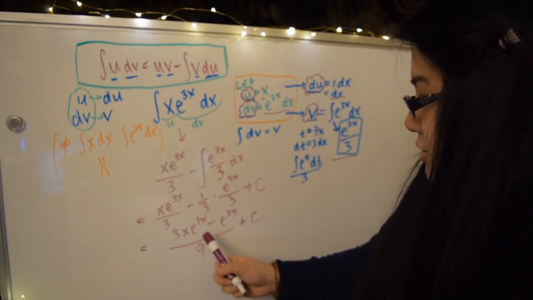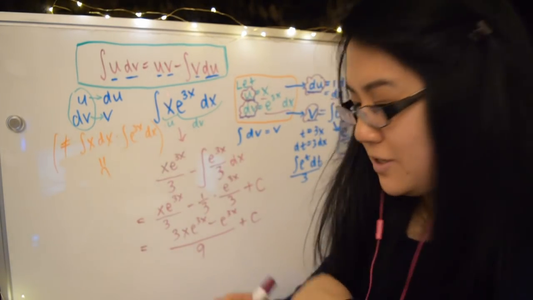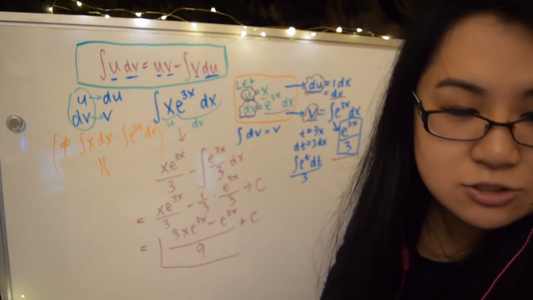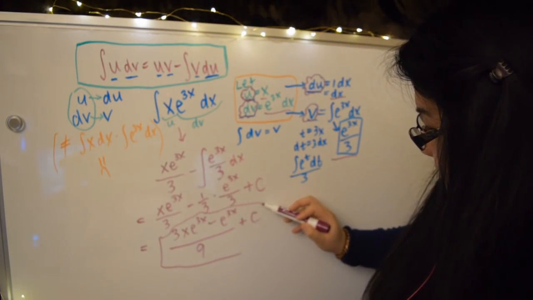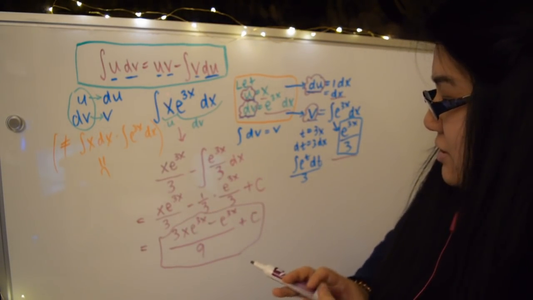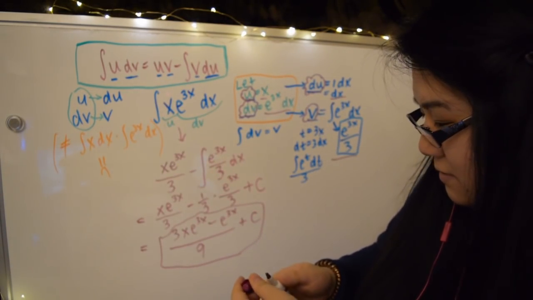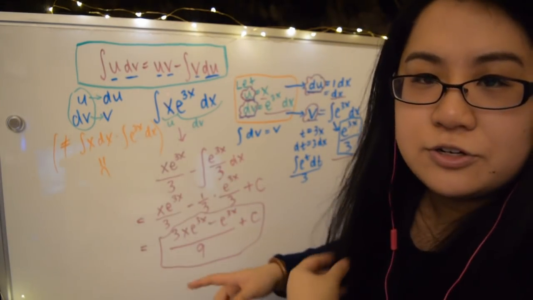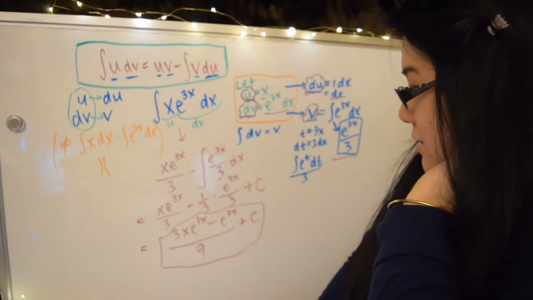Or you can factor out the e to the 3x and just have 3x minus 1, as long as you don't break the math, and hopefully I didn't just break the math, but you get the idea. You get the answer, and you put the plus c at the end if it's an indefinite integral, if you don't have your bounds.